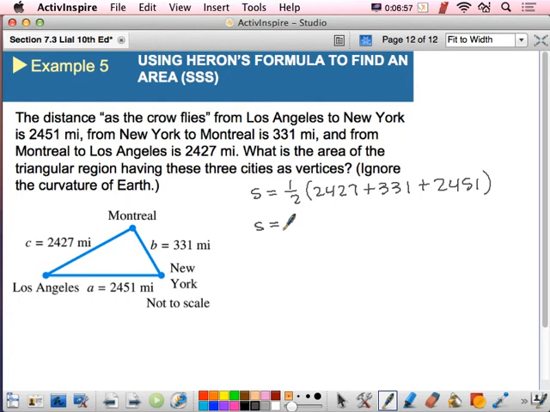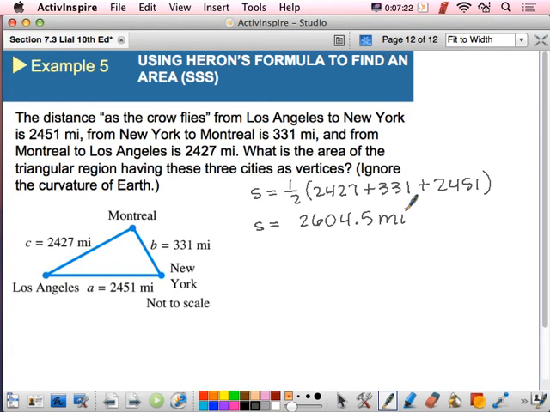Guys, add them up and divide by 2. 2,604.5? Yep. Okay, great. So it's 2,604.5 miles. That's your semi-perimeter.